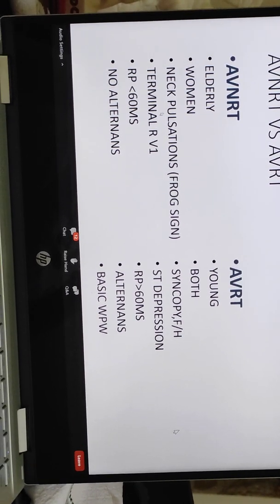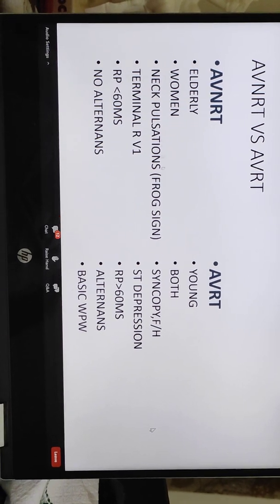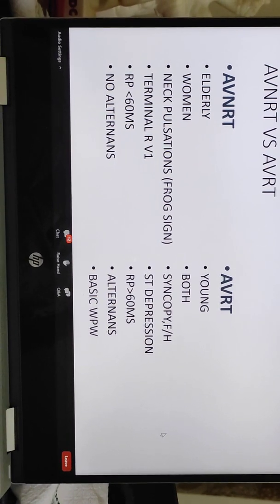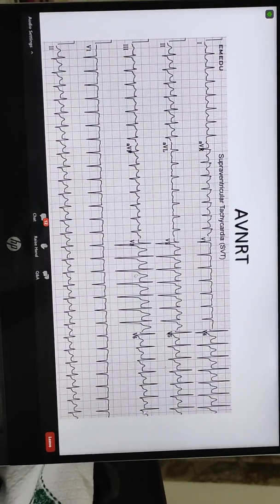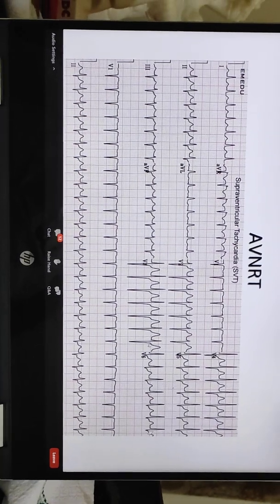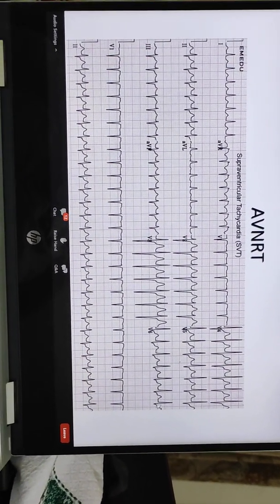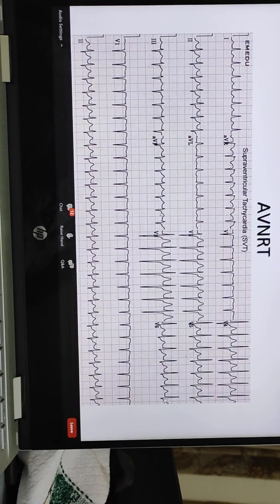In AVNRT, because of the simultaneous activation of the ventricles and the atrium, because the QRS and the P waves are acting simultaneously, for all these beats your right atrium is going to contract against the closed tricuspid valve because of the ventricular contraction. Whenever the right atrium contracts against the closed tricuspid valve, you will have a cannon wave.